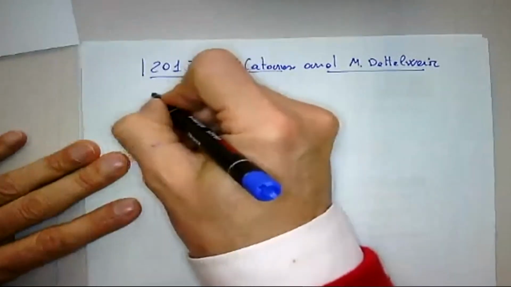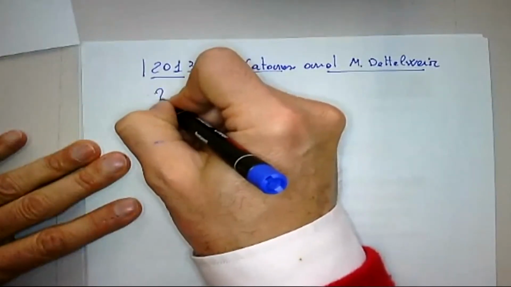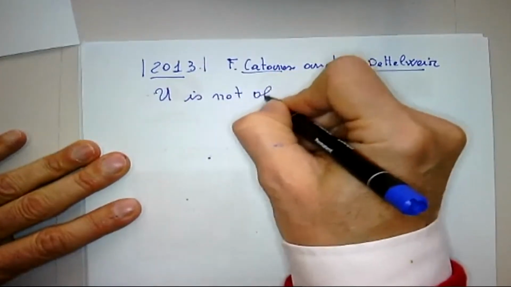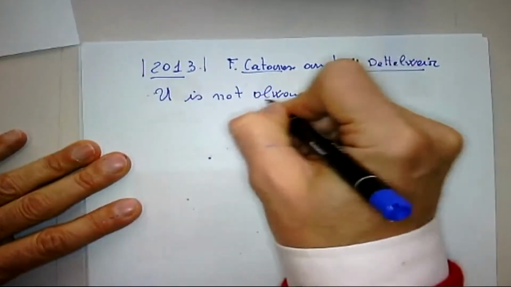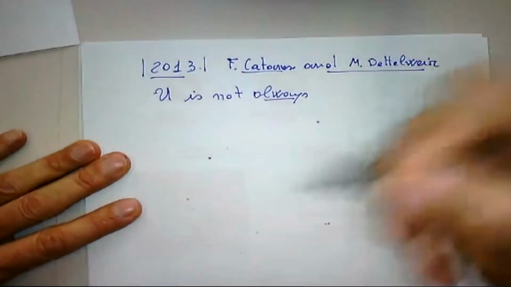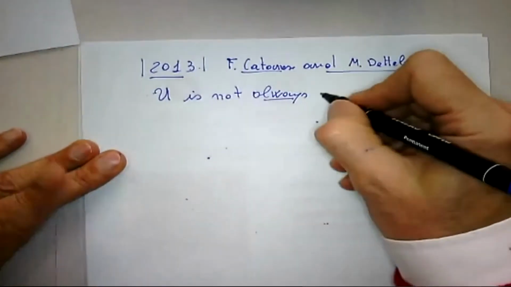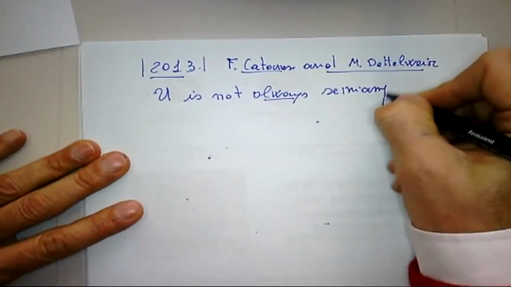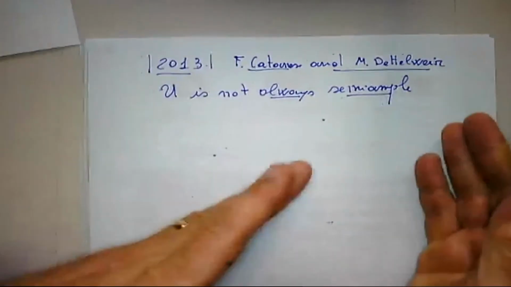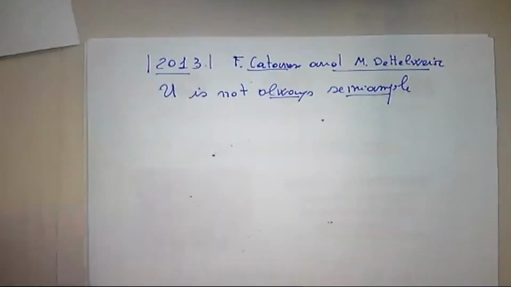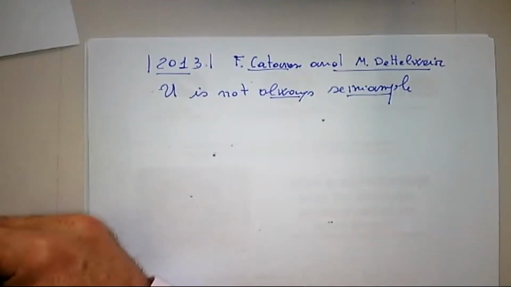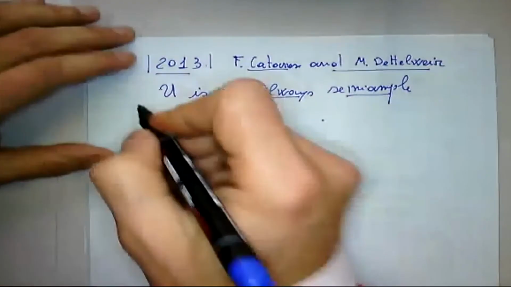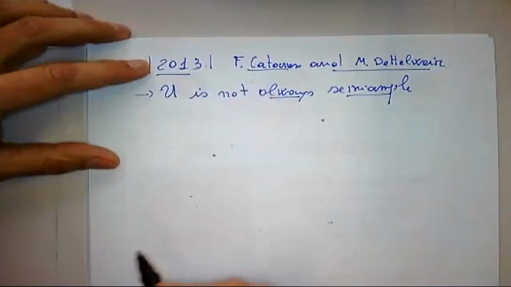So they showed that U is not always, let's say correctly, semiample. So the idea to pull back via a Galois cover and try to study the new variety to have information on the former one usually does not work.